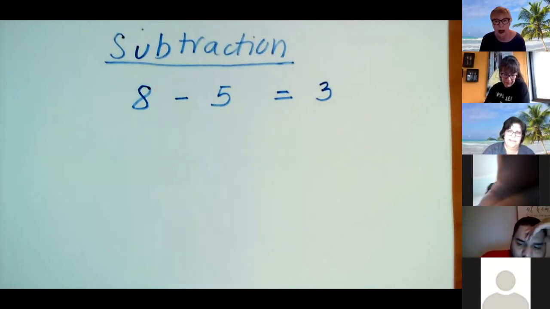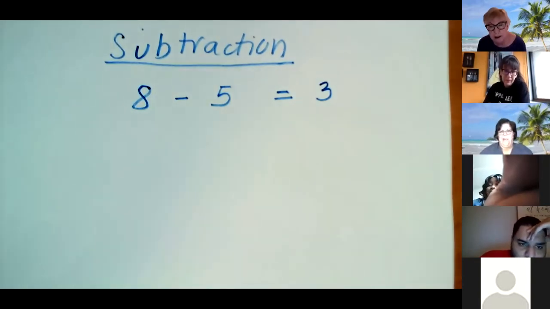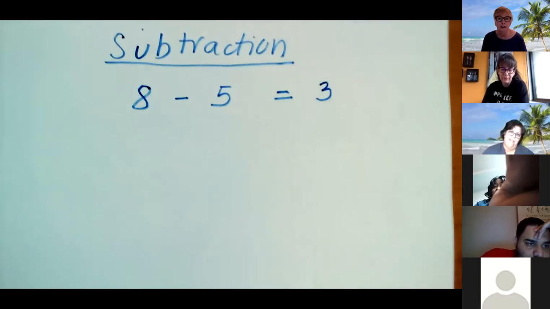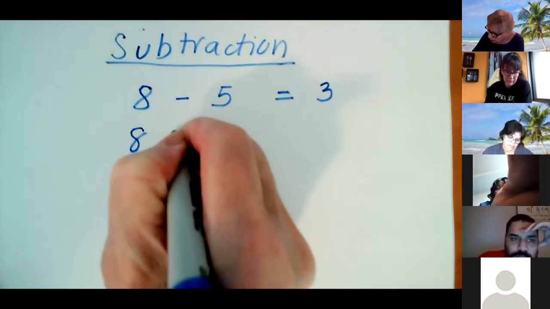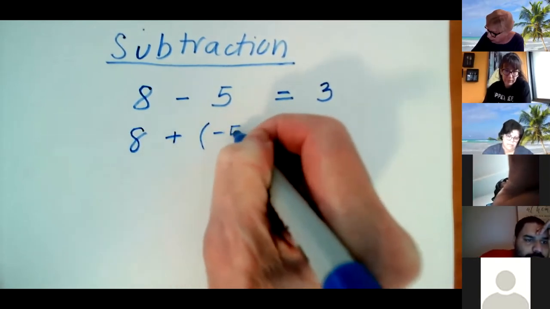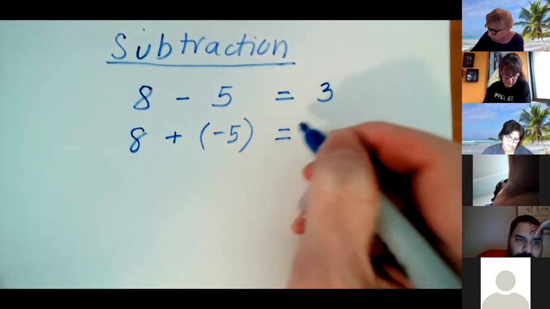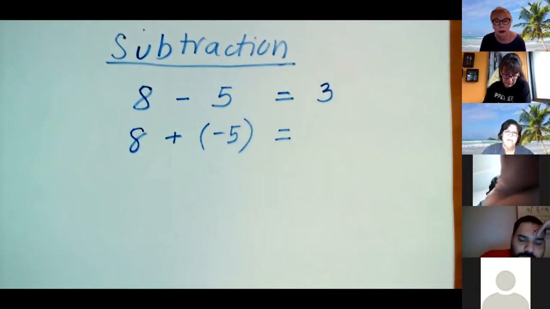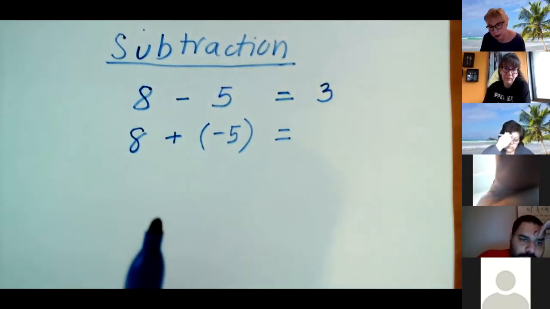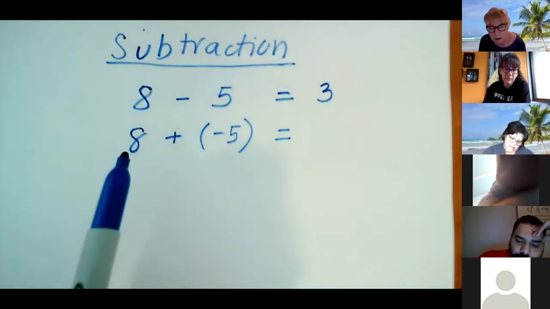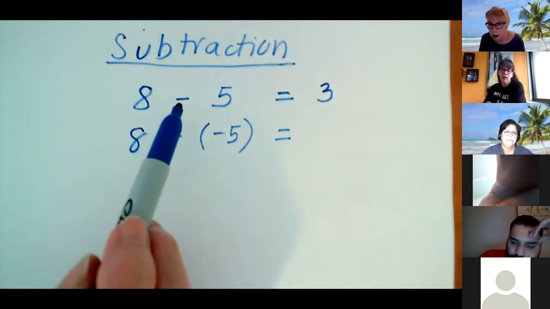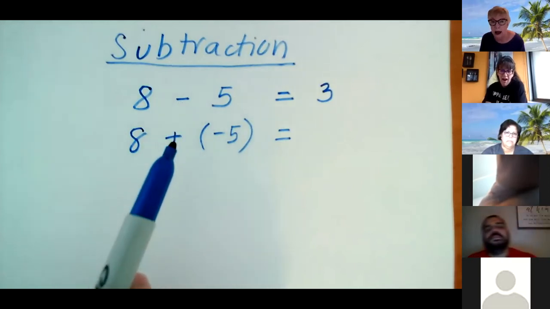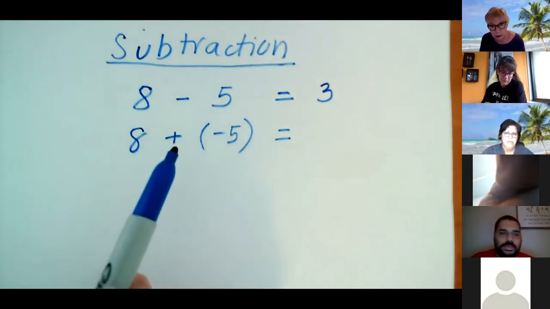Now, the addition version of this is an 8 plus a -5. Now, this is the model for subtraction. It was subtraction, by the way. I converted it to addition.